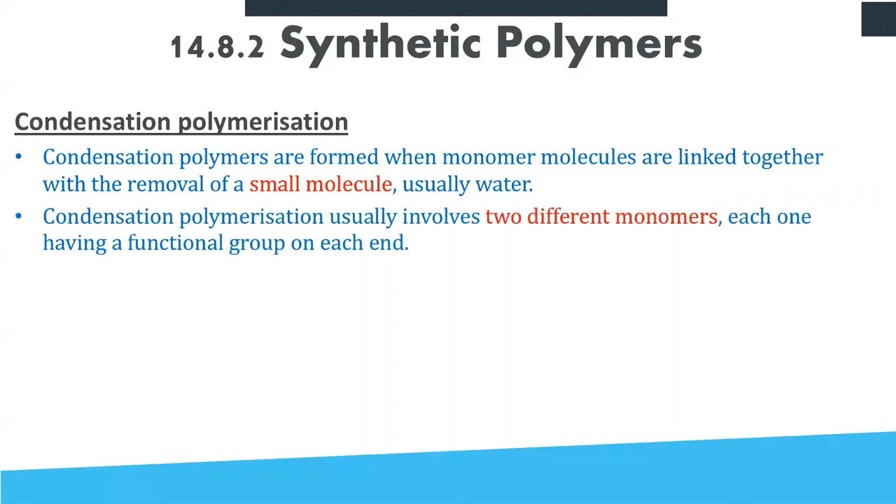We will look at some examples. Usually in condensation polymers, the monomers used are not identical, while in addition polymers the monomers are identical to each other. So if it is ethene, all ethene molecules join together to form polyethene.